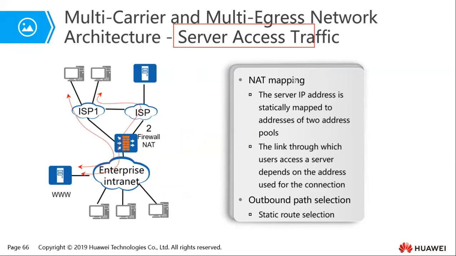So again, here you need to do NAT mapping. So the server IP address must be statically mapped to the address of the 2 address pools. So the link through which a user accesses a server depends on the address used for the connection. Otherwise, with outbound path selection, when traffic is leaving this server going back, we can always configure a static route.